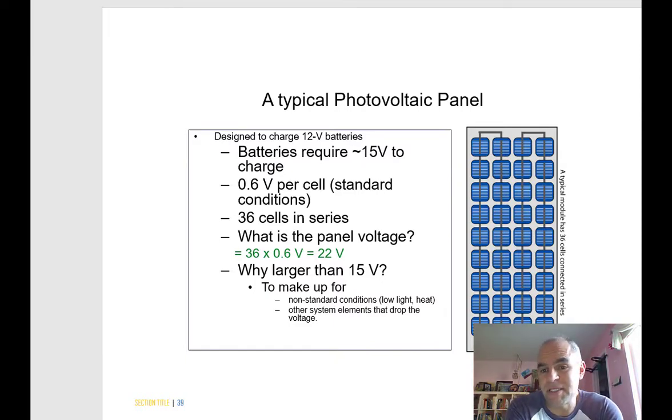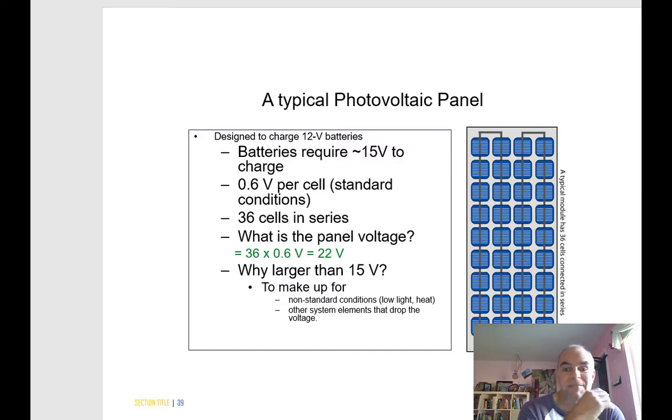Many panels are designed to charge 12-volt batteries. The solar kit, which, as I told you in other videos, students used to wire together, would be used to charge a 12-volt battery. And there's a standard configuration of a certain number of solar cells in series, 36 of them in series, that will allow up to 22 volts.